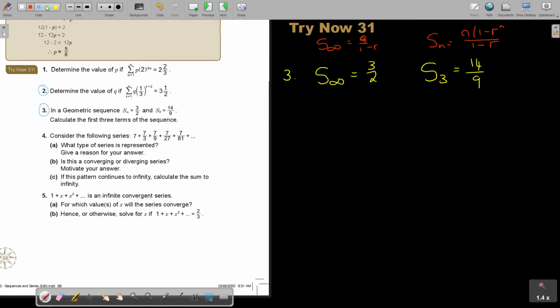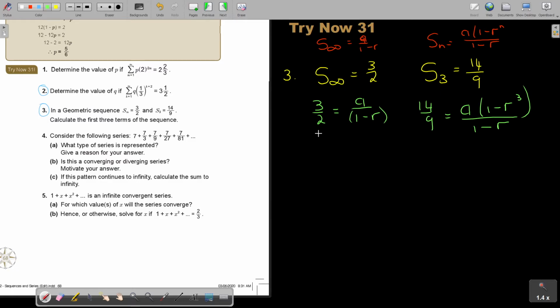Okay, so I start to substitute. I put 3 over 2 is equal to a over 1 minus r. And this is the third term, so I put 14 over 9 equals a(1 minus r^3) over 1 minus r. Then I cross multiply.